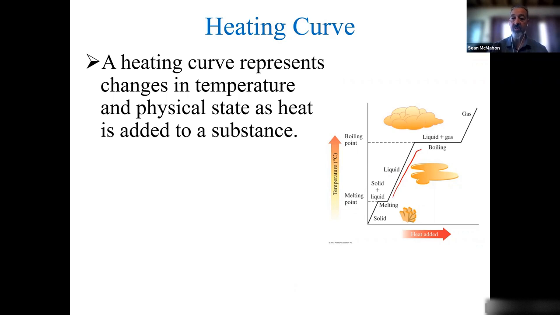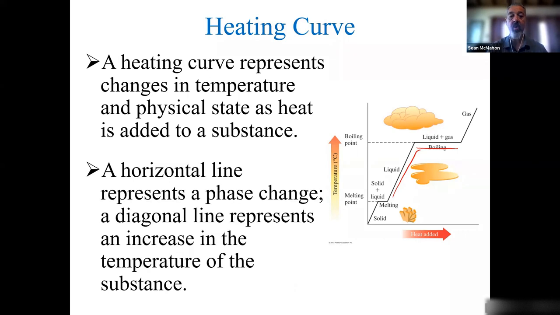And then when the physical state changes, so I don't have a change in temperature, I just go from, let's say, solid to liquid or liquid to gas, I have what's called a flat curve because there's no change in temperature. So on the heating curve, the horizontal lines represent a phase change and the diagonals show an increase in temperature, okay?